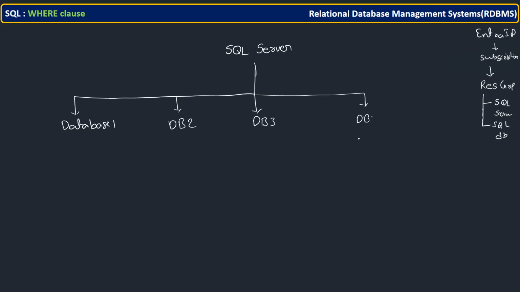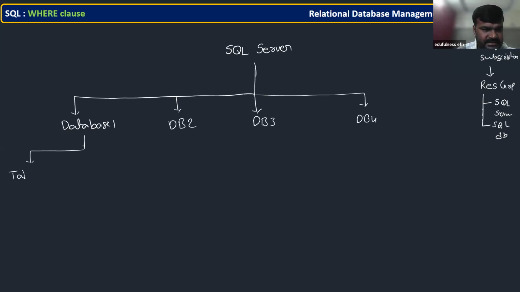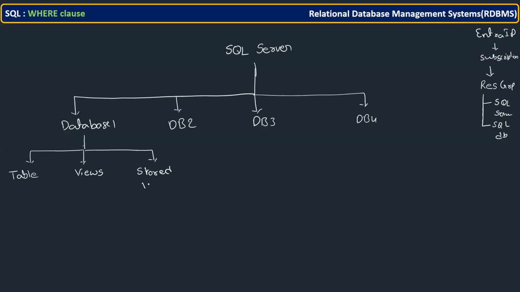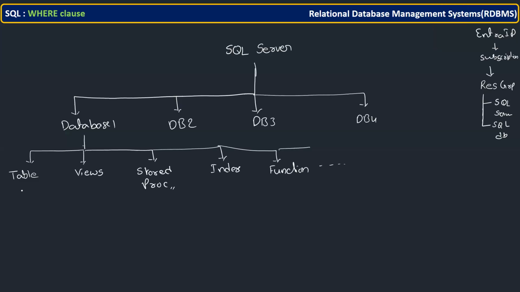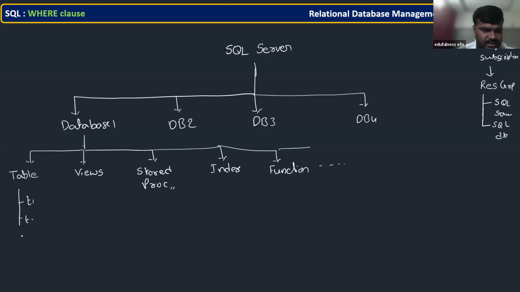Under one database, you may have a set of tables, a set of views, a set of stored procedures, and many more objects. Under tables you may have table 1, table 2, table 3, which hold the data, and under views you may have view 1, view 2, view 3.